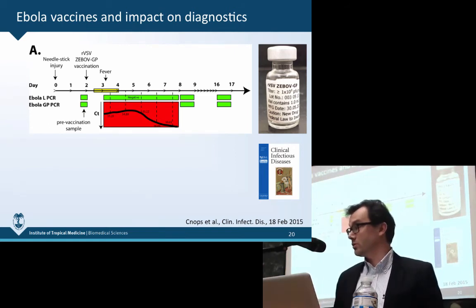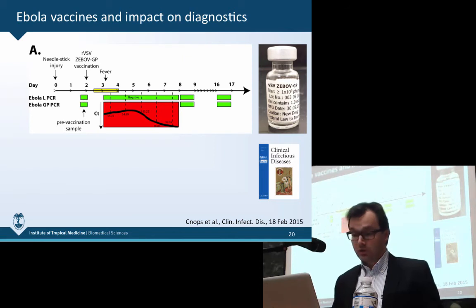There's only one single case described before of a German lab worker, BSL-4 lab worker, in Hamburg, who received this same treatment. So this is actually the second case. The person got vaccinated, developed fever, which is not uncommon with live attenuated vaccines. And then we received samples just prior to the vaccination and at several time points after the vaccination.